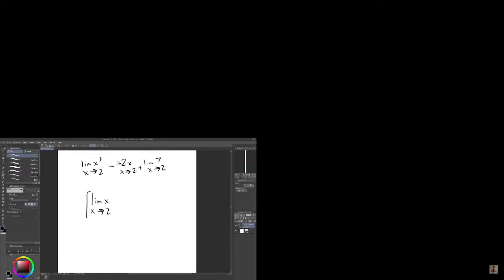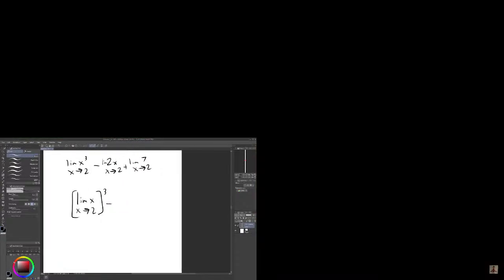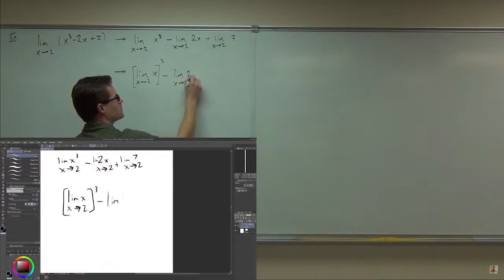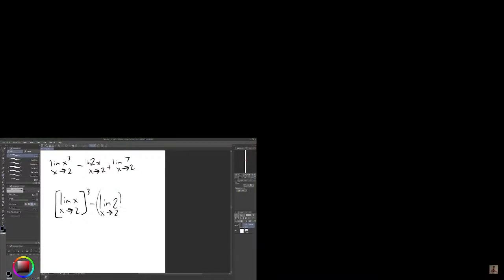Another rule said that I can separate two limits by multiplication. So this would be the limit of 2 times the limit of x. Plus, that's already a constant. We'll deal with that in just a second.